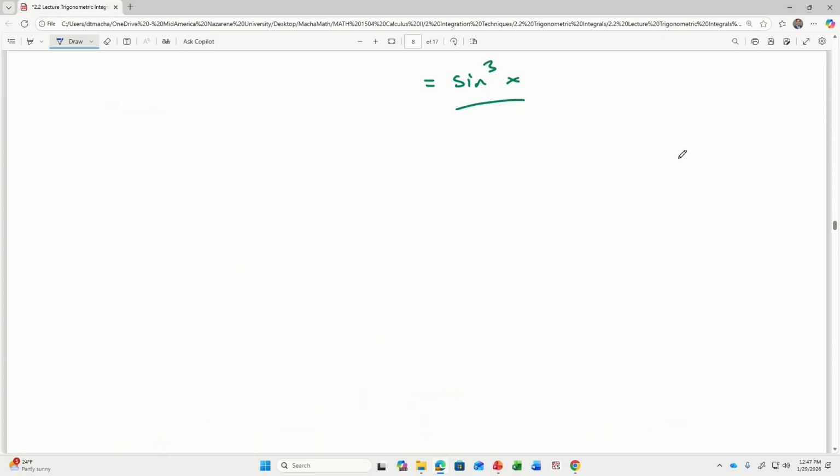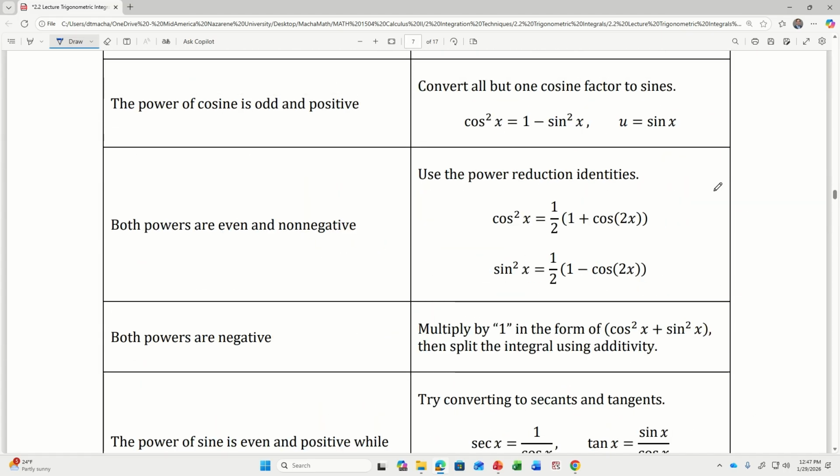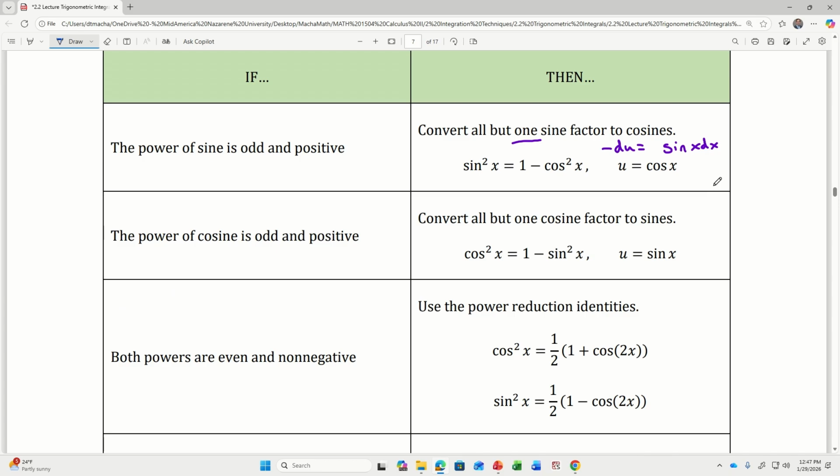So that takes care of a lot of integrals, right? Between the power of sine being odd, and the power of cosine being odd and positive. What if those are not true? What if both powers are even and non-negative? In that case, I could use the power reduction identities, and that way it'll at least bring down the power, and unfortunately it gives me a double angle.